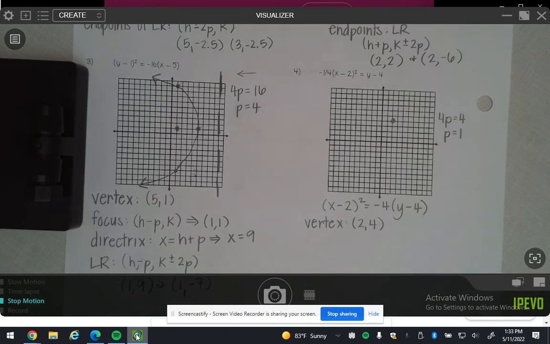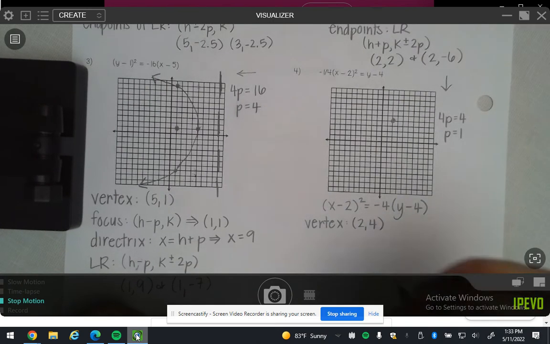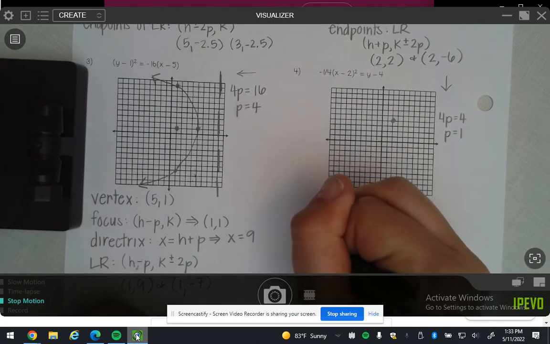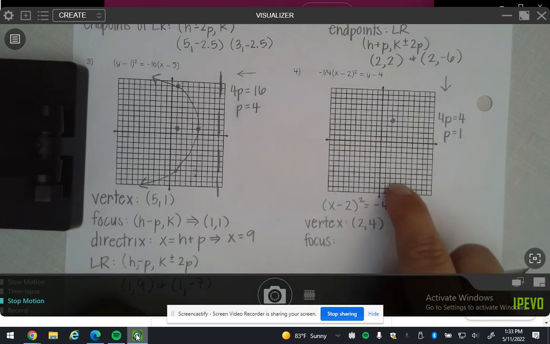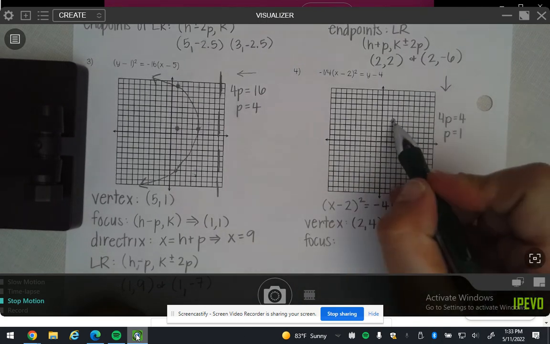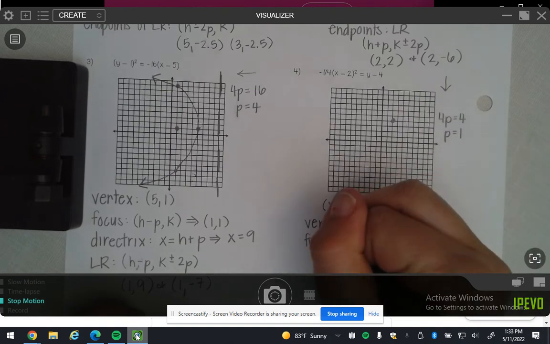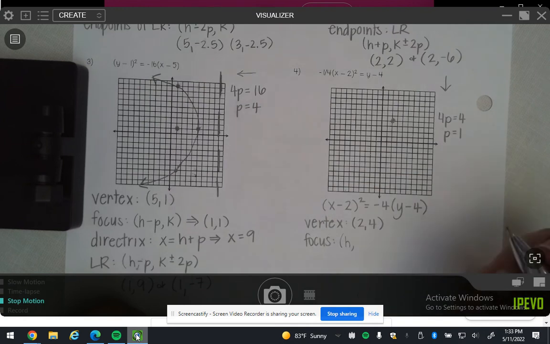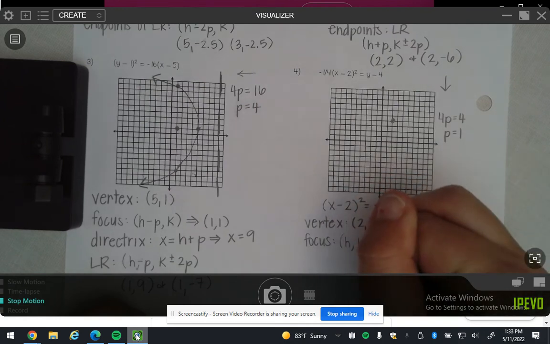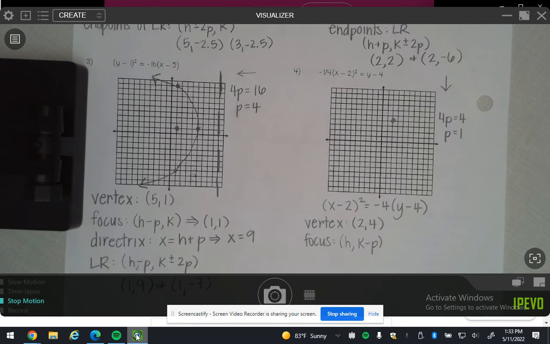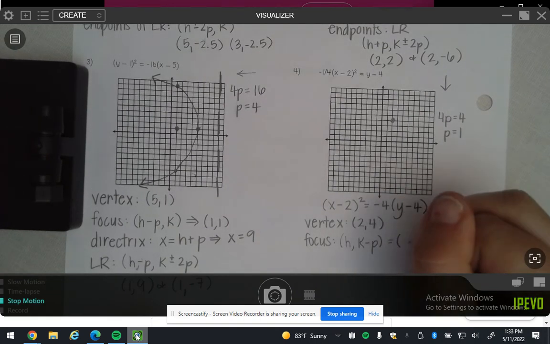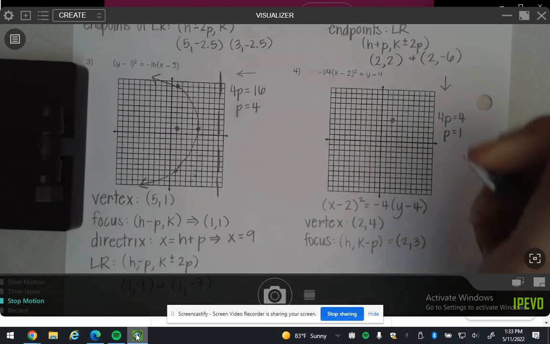Up, down, left, right? Down, because my coefficient is negative. So if it opens down, that means my focus is going to stay along this line right here. My x is going to stay the same. So it's h, comma, if I move down, I'm going to subtract p. So 2, 3.